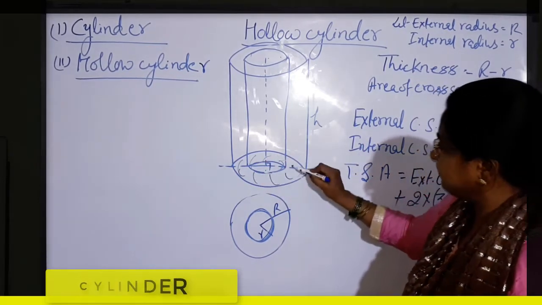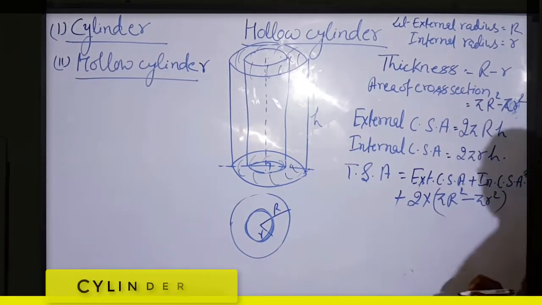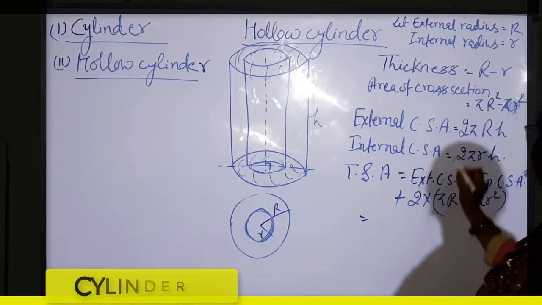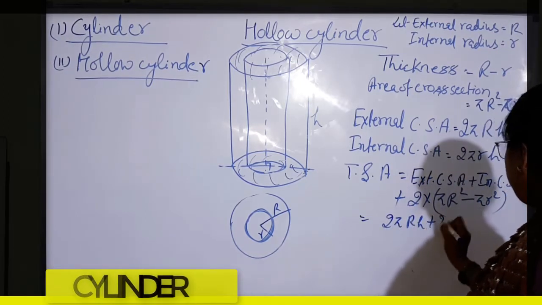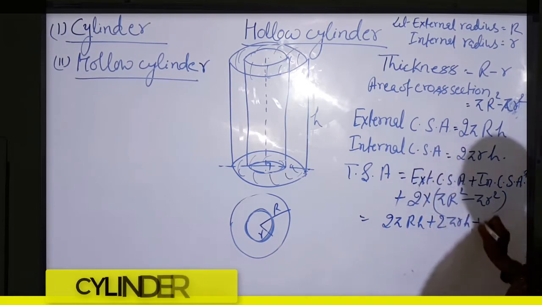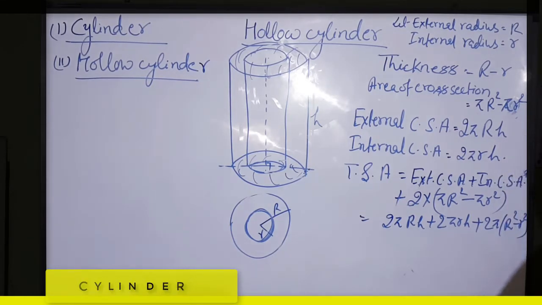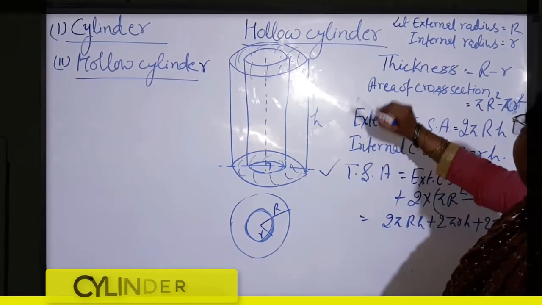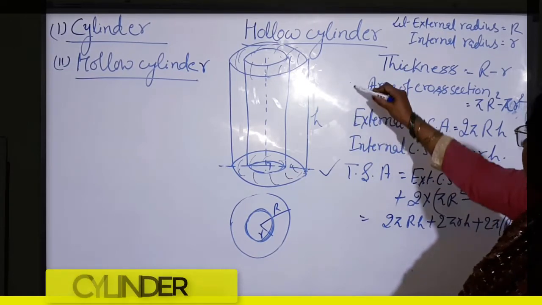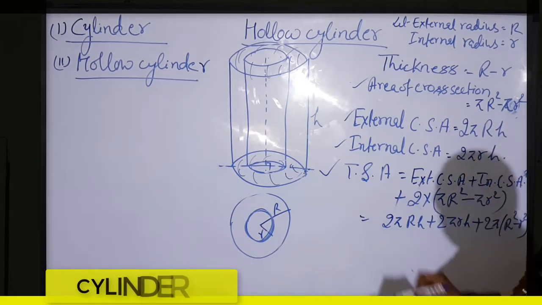Is it understood? Now putting their values, it is 2 pi R h plus 2 pi small r h plus 2 pi, where 2 pi is common, into R square minus small r square. Your formula for total surface area is very important, and the area of cross section, external, internal, all are important. Curved surface area is also important.